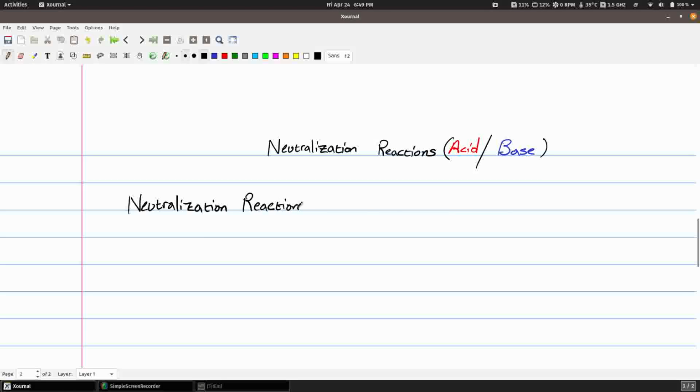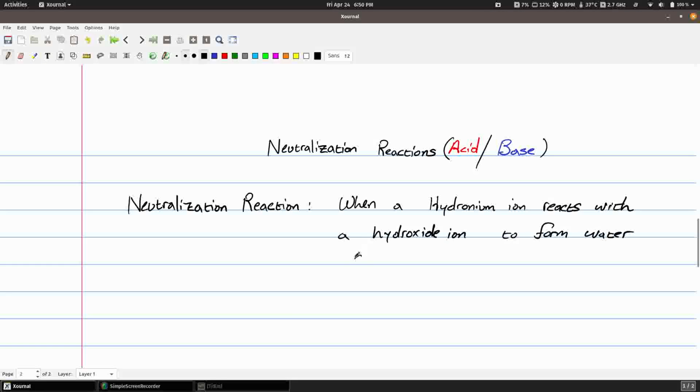So a neutralization reaction is when a hydronium ion reacts with a hydroxide ion to form water and salt.